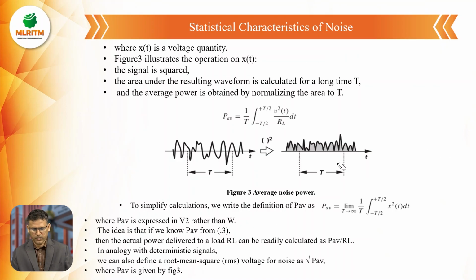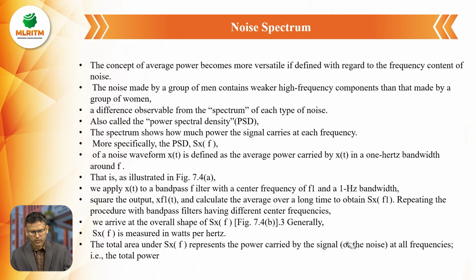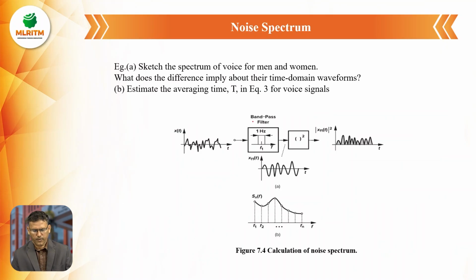So the graphical, frequency domain representation of this noise signal can also be observed by applying the power spectral density of the noise signal. That is represented here. Here we consider the input noise signal passing through the band pass filter, giving a band pass signal.